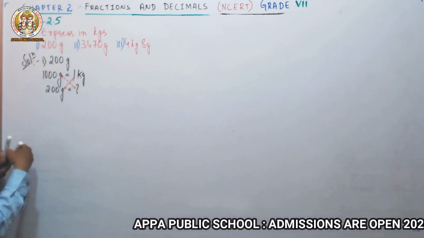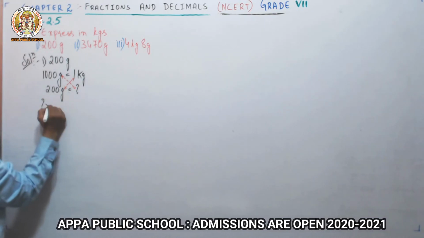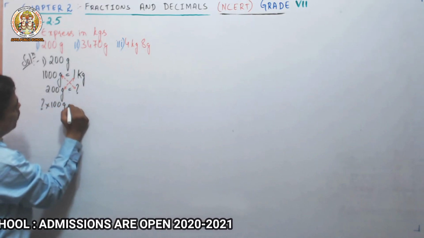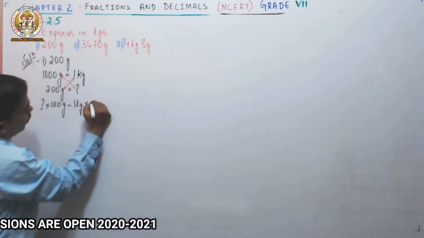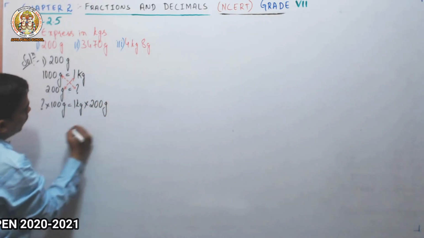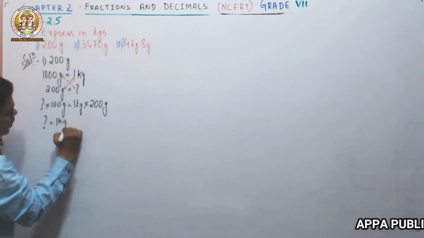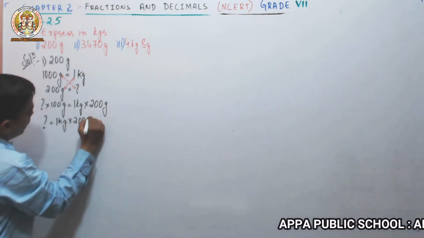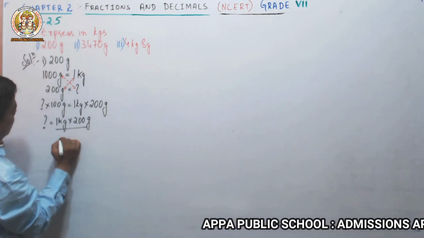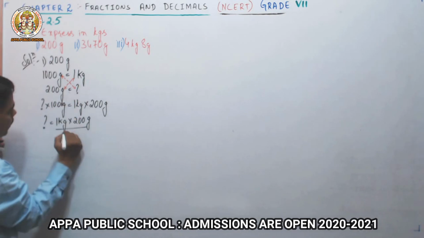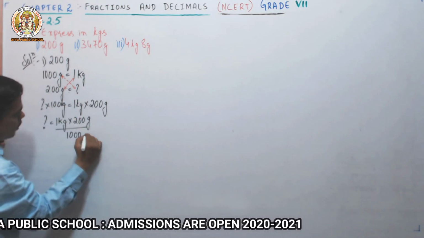So question mark into 1000 gram is equal to 1 kg into 200 gram. Next, question mark is equal to 1 kg into 200 gram divided by 1000 gram.